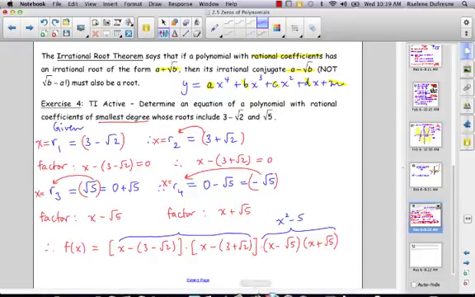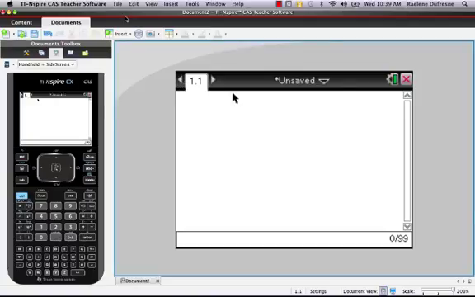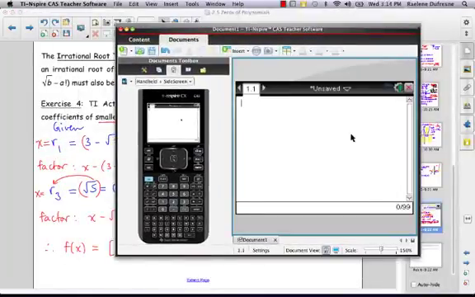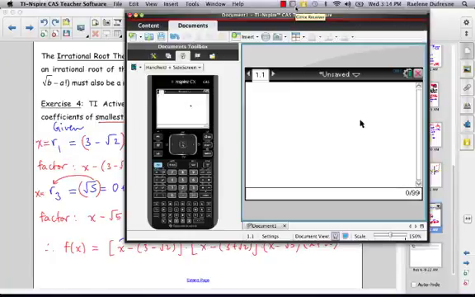So if we expand on the calculator, we can go ahead and type, I'm going to make this a little bit smaller so I can see behind it. And let's take a look at what the expression is. We've got x minus 3 minus the square root of 2.